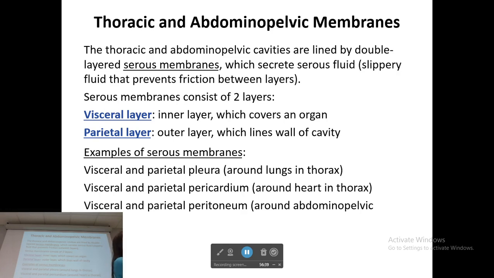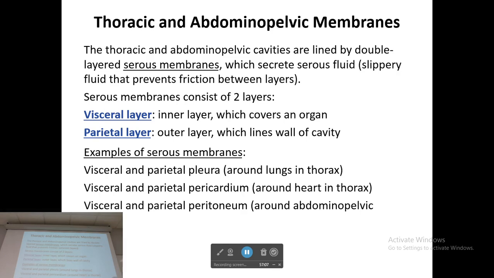So you have visceral, touching the surface of the organ, parietal, which is lining the cavity. Okay? So visceral and parietal pleura for the lungs, and visceral and parietal peritoneum for the abdominopelvic cavity. So that's all those digestive organs and reproductive organs within there.